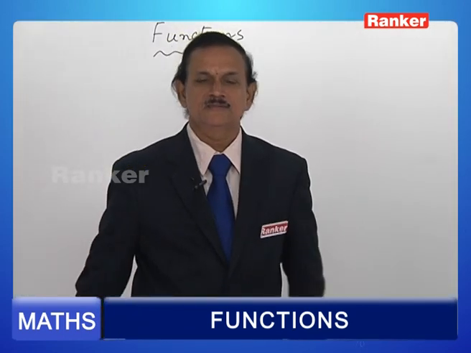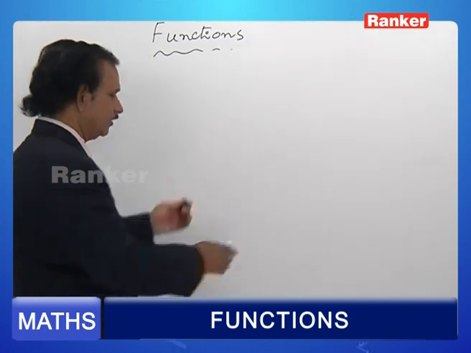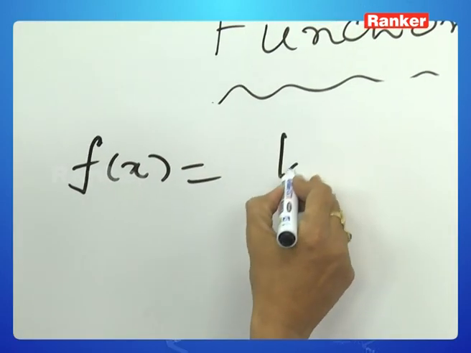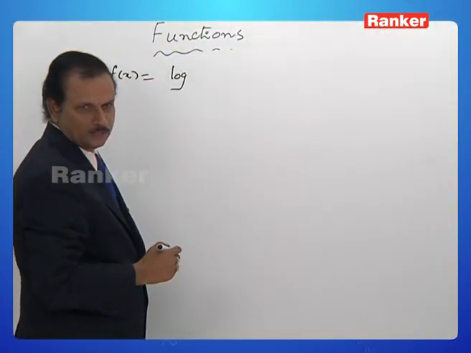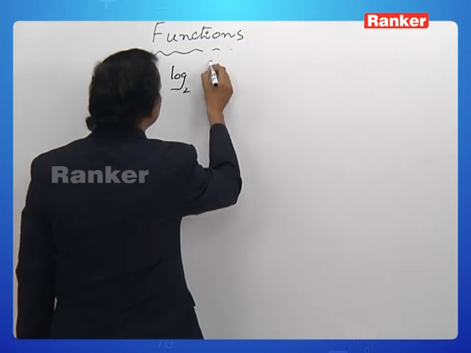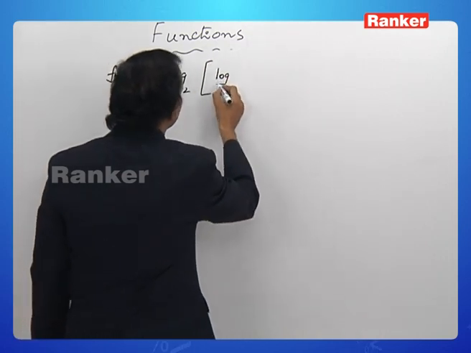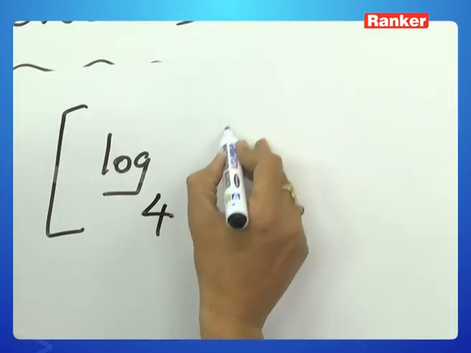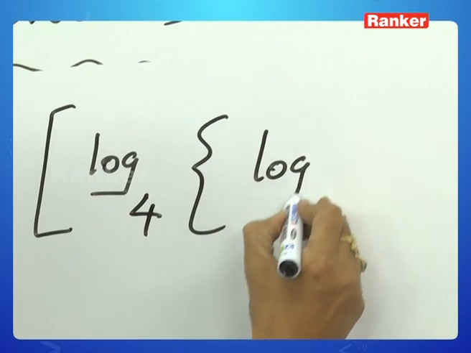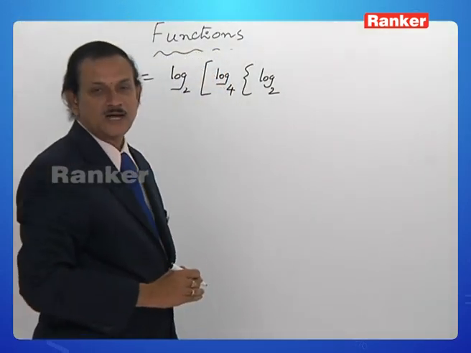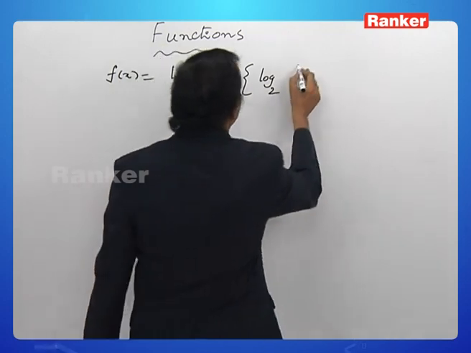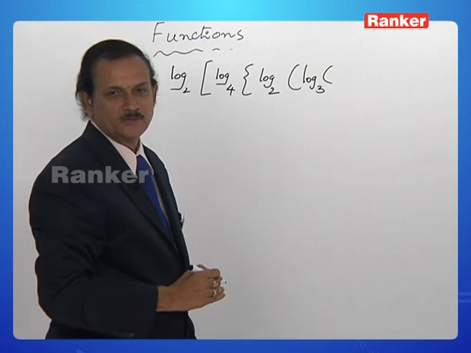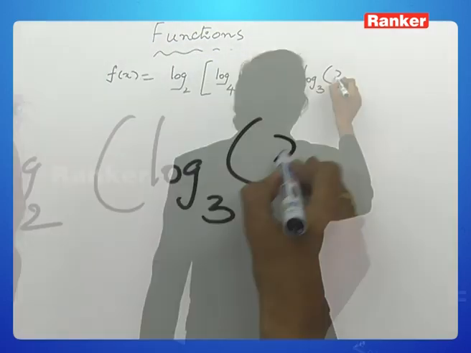Let us see the nature of the function. What is f of x? f of x is equal to log to the base 2 of log to the base 4 of log to the base 2 of log to the base 3 of x squared plus 4x minus 23.